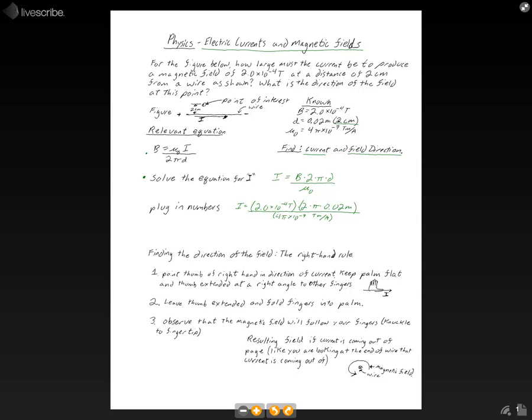When we plug in numbers for all that, we get I equals 20 amps. So, a fairly large current.